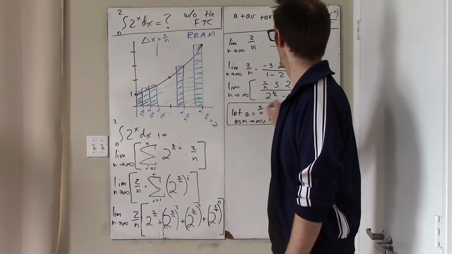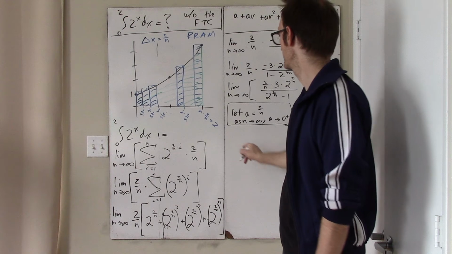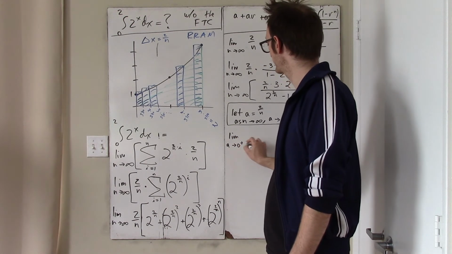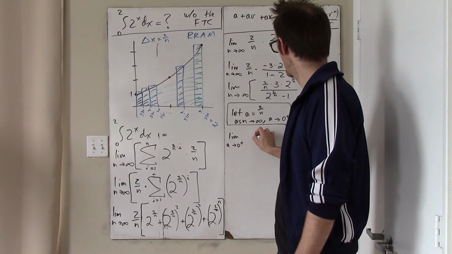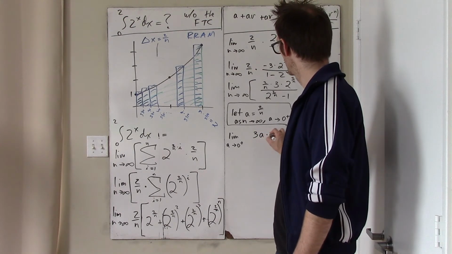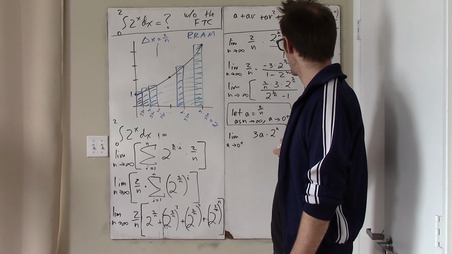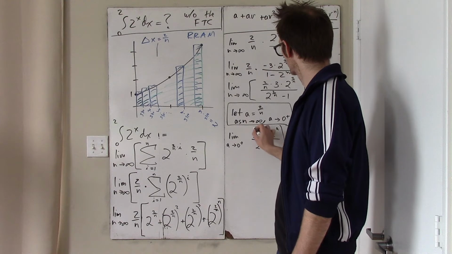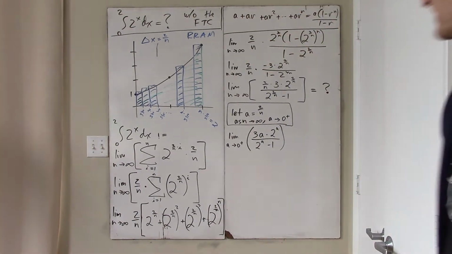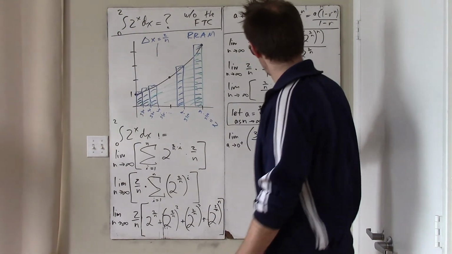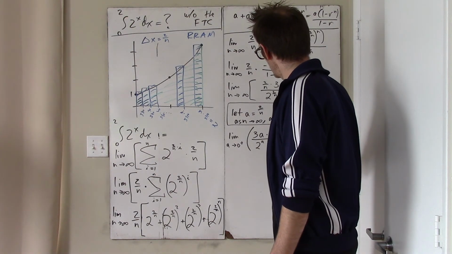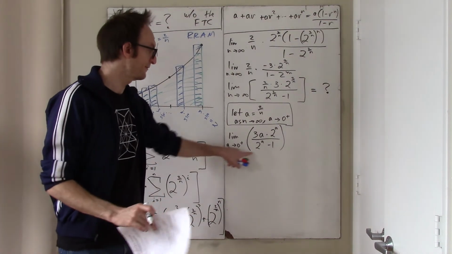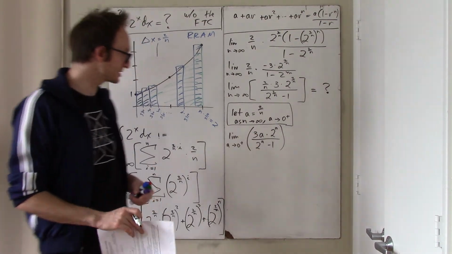So I may convert this limit into the limit as a goes to 0 plus of 3a times 2 to the a all over 2 to the a minus 1. Okay, what's up with that? Is this somehow doable? Well, I haven't really made any progress from the previous line. If I try to plug in 0 for a, I still get a 0 over 0 situation.